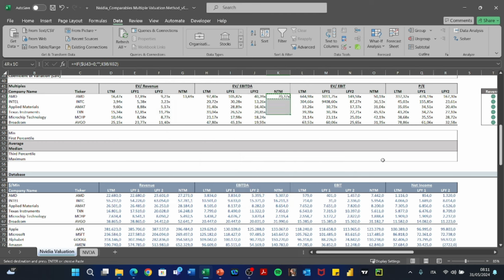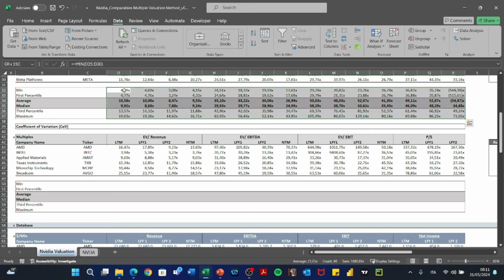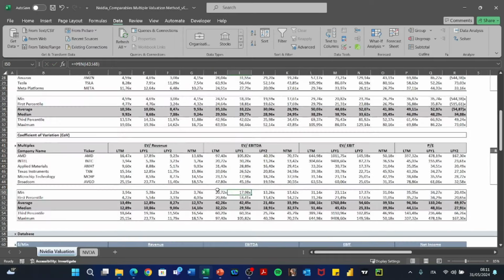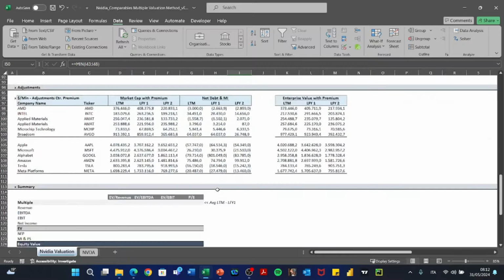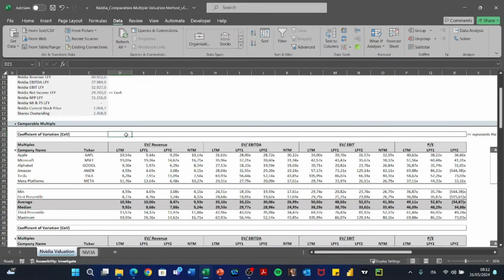Let's now copy and paste this summary matrix. Okay, perfect.